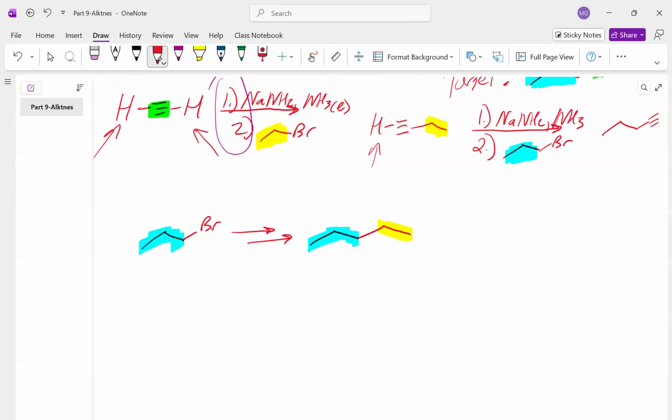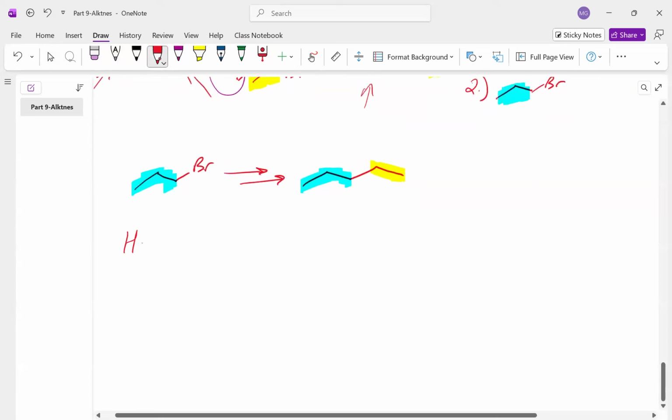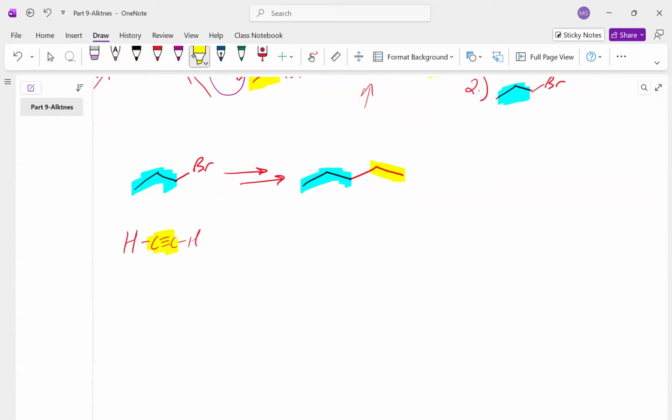Well, I need a terminal alkyne. So maybe one of the steps in this process is I'm going to start with an alkyne. Those are my two carbons there.